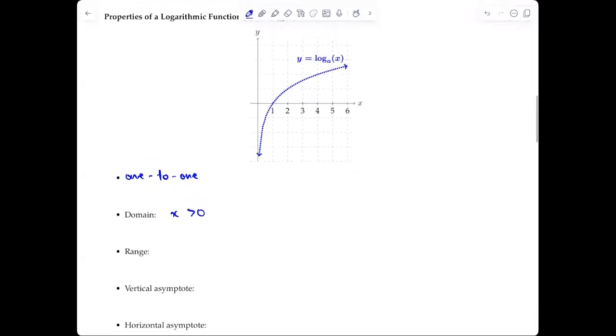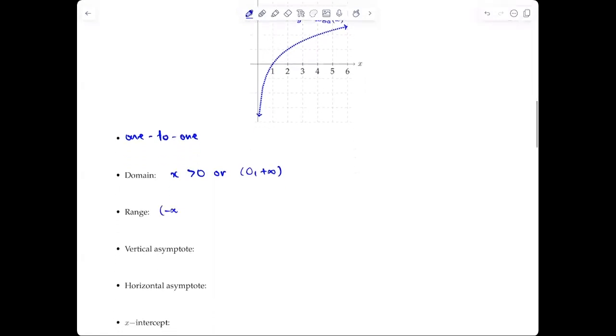Depending on the function, you will have a different domain, but here we are considering y equals log base a of x. So the domain is x greater than 0, or from 0 to positive infinity. The range is from negative infinity to positive infinity. So range and domain swap between logarithmic functions and exponential functions.